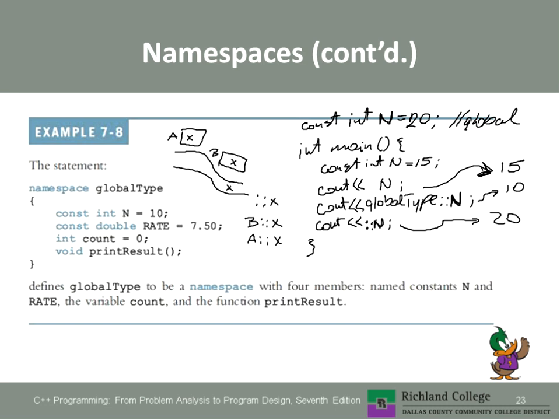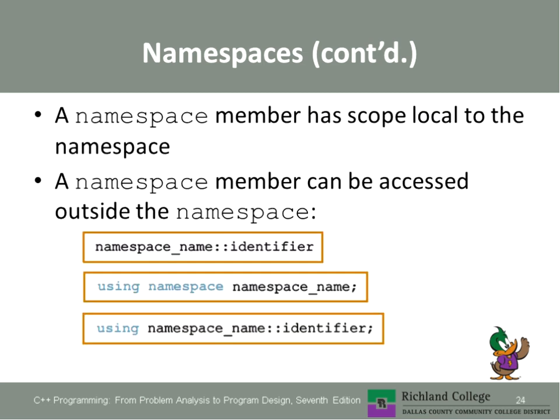So this way we can have X in 3 different places, and they're never going to conflict with each other. So X global, XB, XA, they can happily reside in those rooms, and they're never going to conflict with each other. When we code, we just need to know exactly which variable we want to specify. Okay. So it's pretty straightforward.